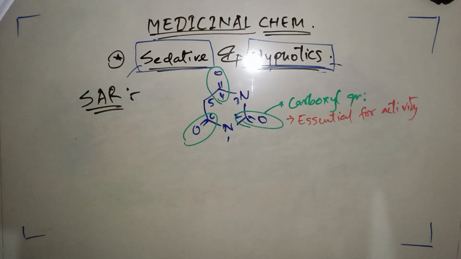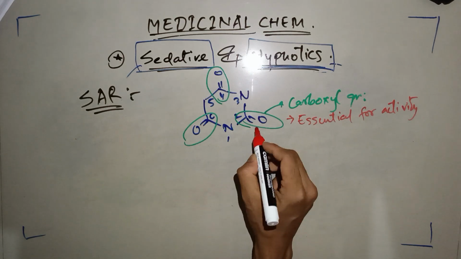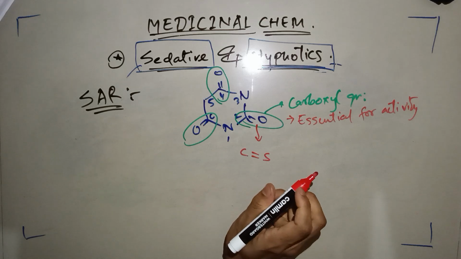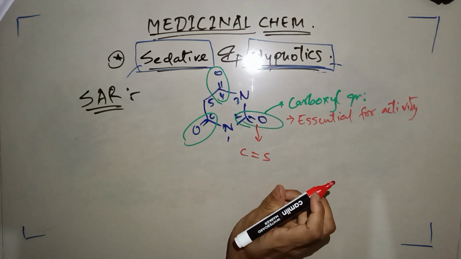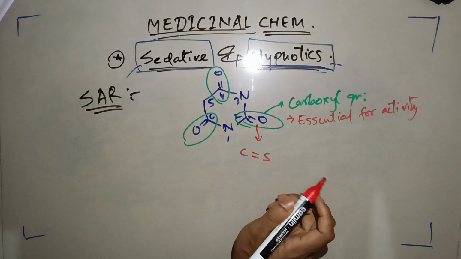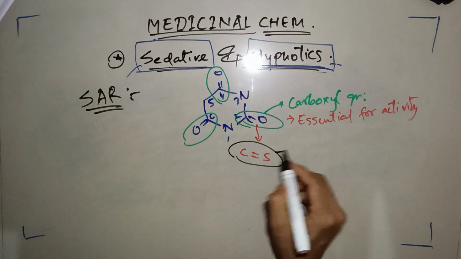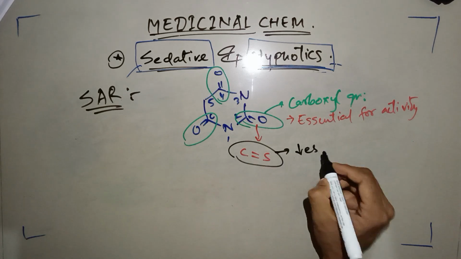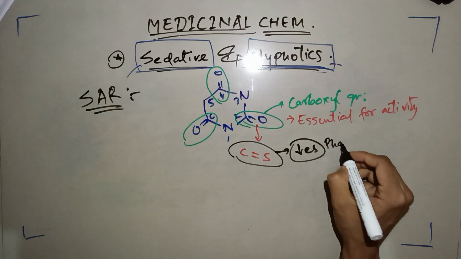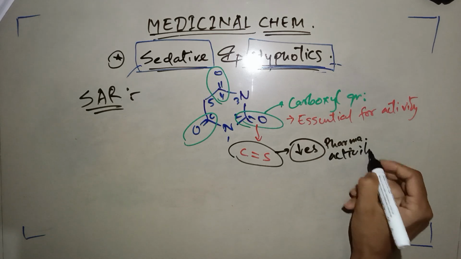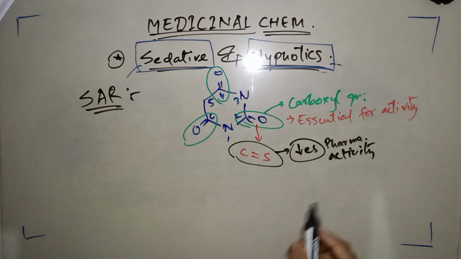Okay, so if this C double bond O is replaced with C double bond S, that is thio group, then the pharmacological activity of barbiturate is decreased. So at that point what will happen? Decreases pharmacological activity of barbiturate.